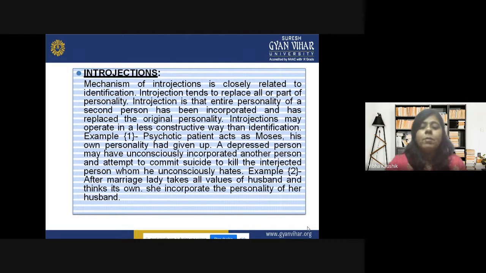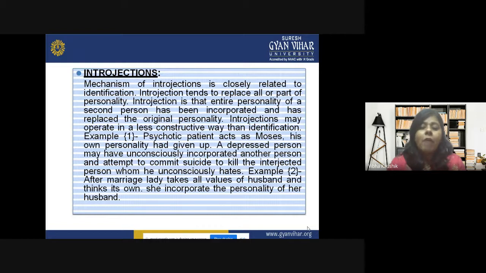Now, the first example is a psychotic patient who acts as Moses, his own personality having been given up. A depressed person may have unconsciously incorporated another person and attempt to commit suicide to kill the introjected person whom he unconsciously hates.